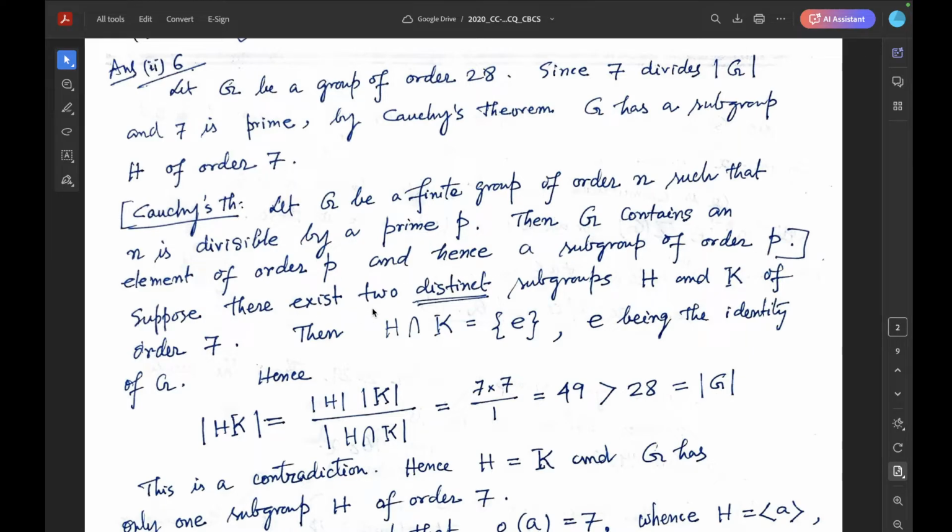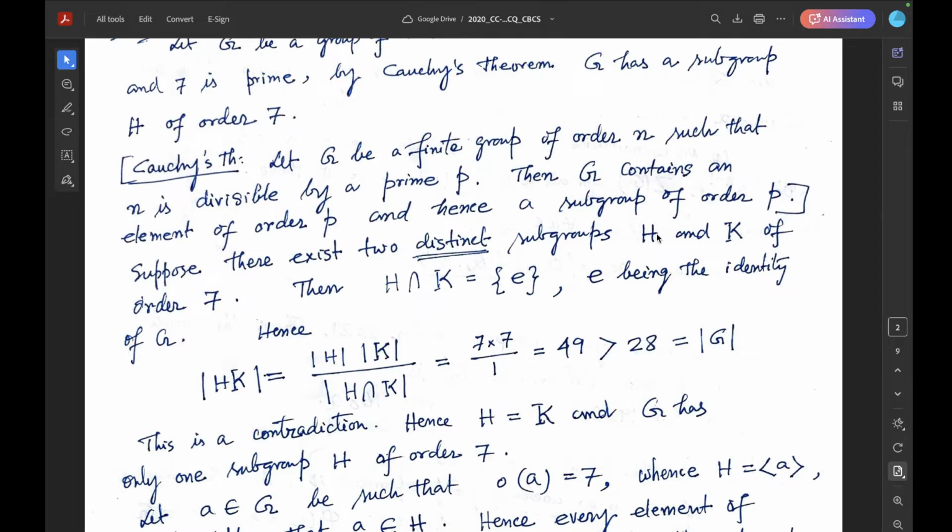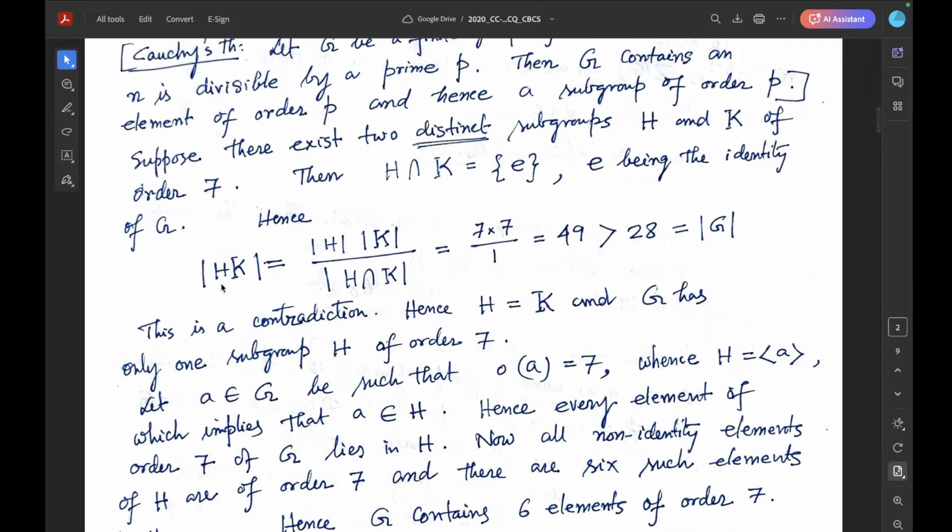Suppose there exist two distinct subgroups H and K of order 7. Then H intersection K equal to the singleton set {e}, e being the identity of the group G. Hence, order of HK equals order of H into order of K divided by order of H intersection K. So order of H is 7, order of K is 7, and order of H intersection K is 1, so 49.